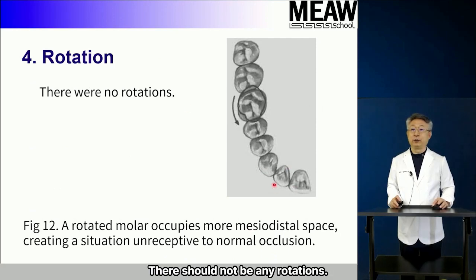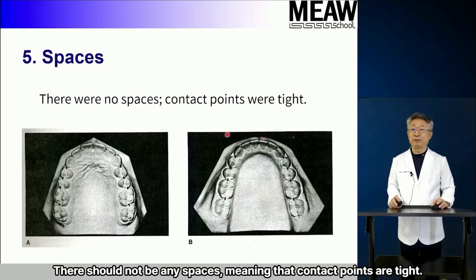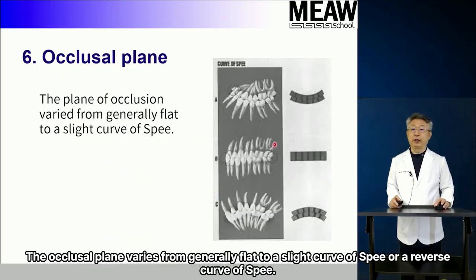There should not be any rotations. A rotated molar occupies more mesiodistal space, creating a situation unreceptive to normal occlusion. There should not be any spaces, meaning that contact points are tight. The occlusal plane varies from generally flat to a slight curve of Spee or a reverse curve of Spee.